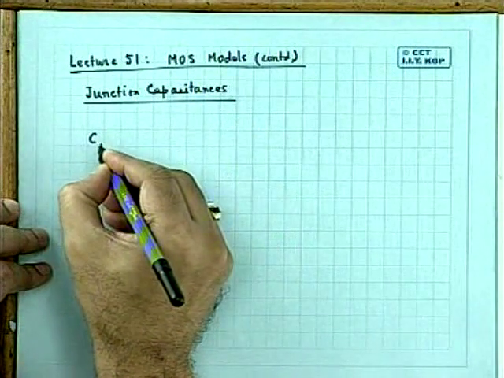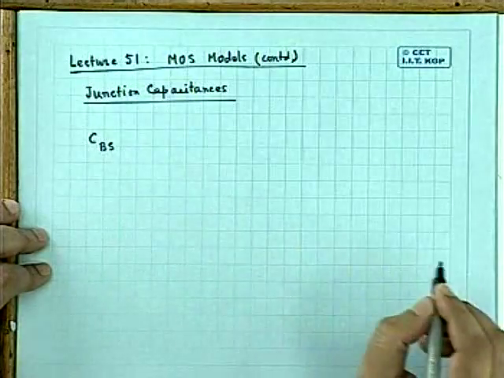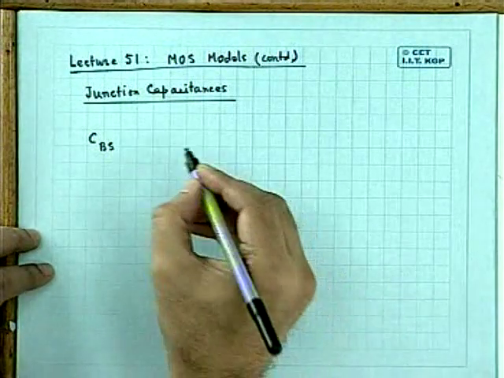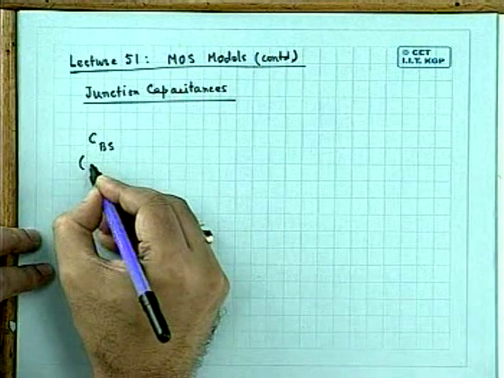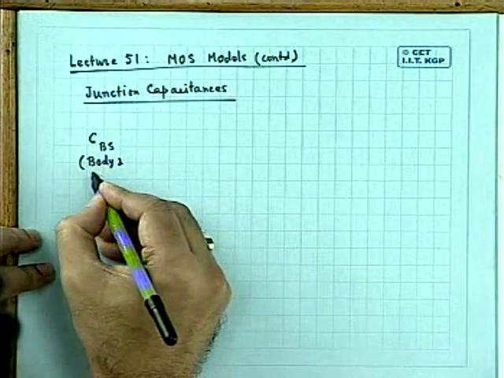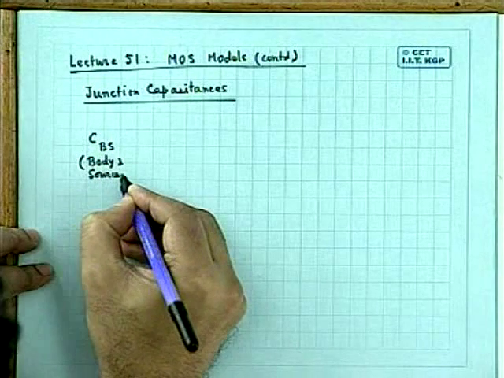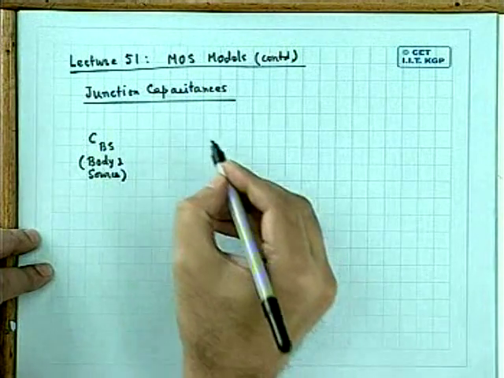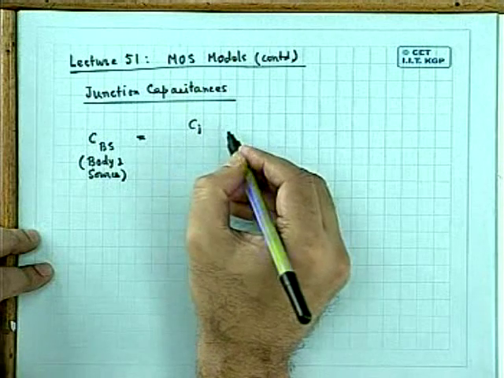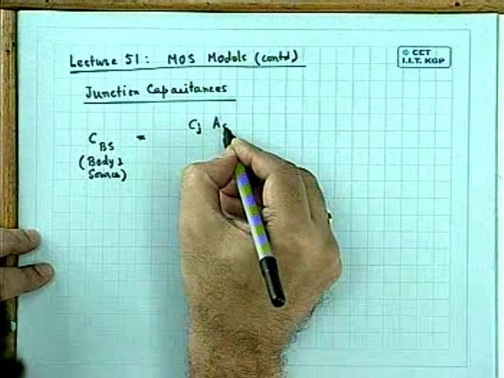The first one is CBS, the junction capacitance between the body or the substrate and the source. This is basically a junction capacitance, and that is given by expressions like this: Cj.